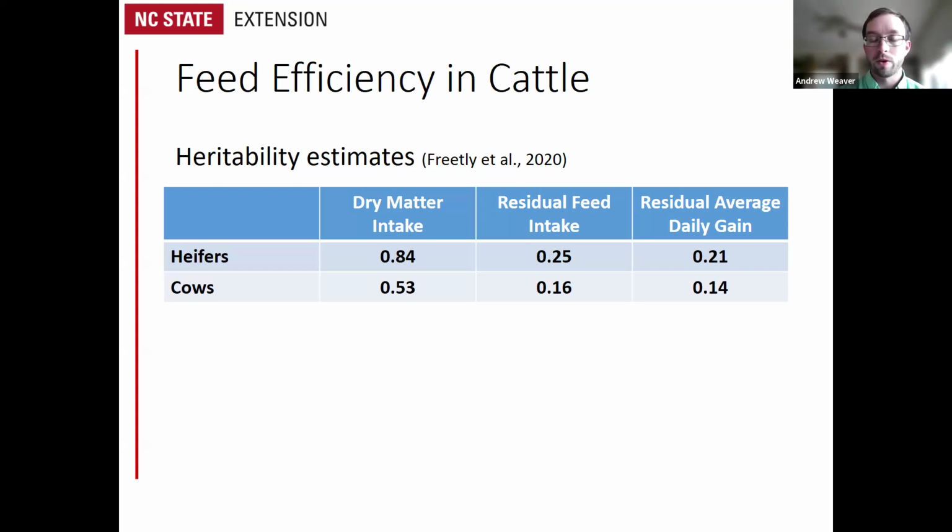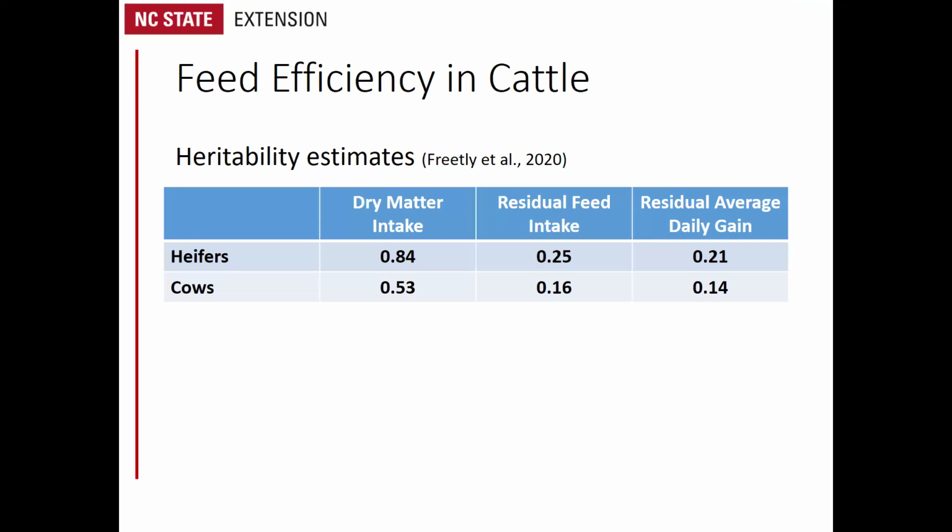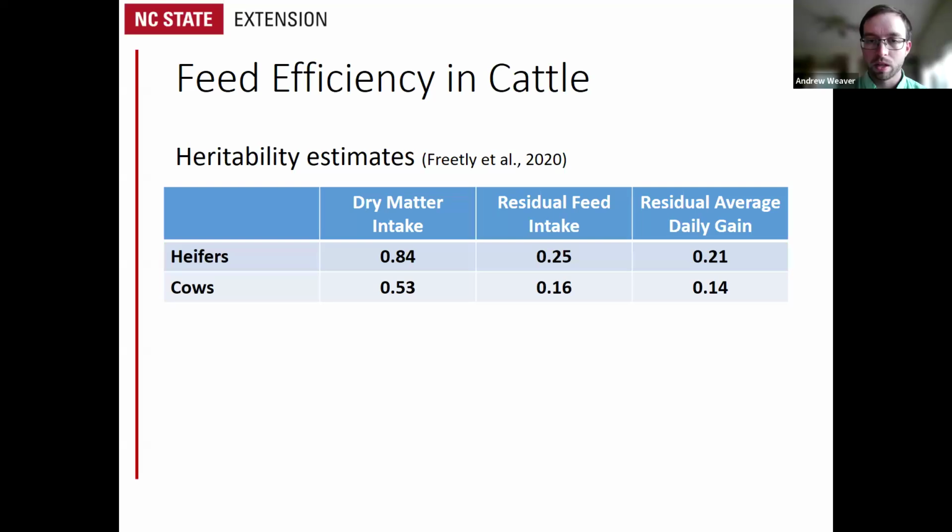In cows, it's about 0.5, so it's still a highly heritable trait in cows. Residual feed intake, it's 0.25, so about the same as our growth traits, a moderately heritable trait. In cows, it's slightly lower, 0.16, and then residual average daily gain would be about the same heritability values as residual feed intake. So there is a genetic component to all of these traits in both heifers and cows.